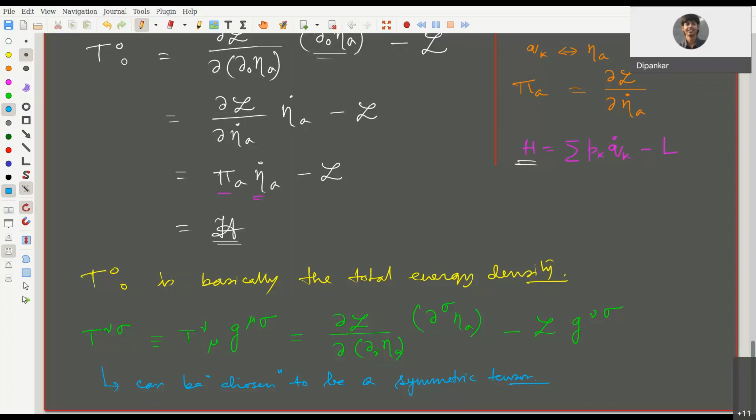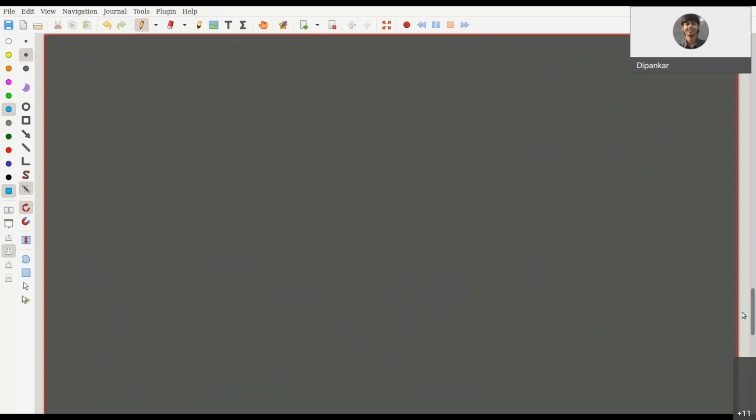I don't have time to cover all of those, but since you now know how to calculate the components of T, perhaps you can do it yourself, calculating the other components of this T.